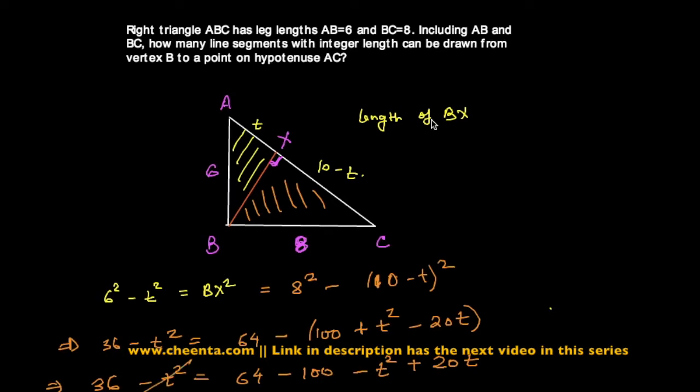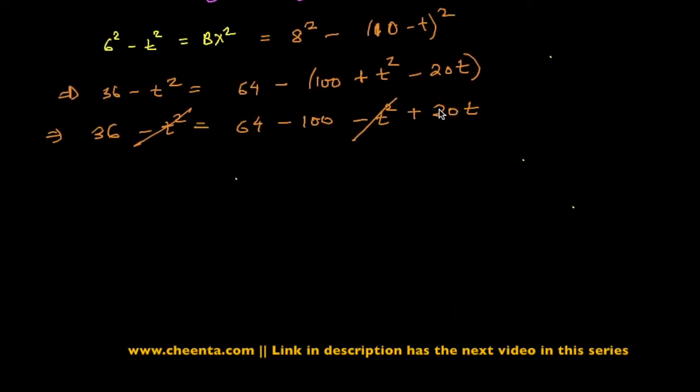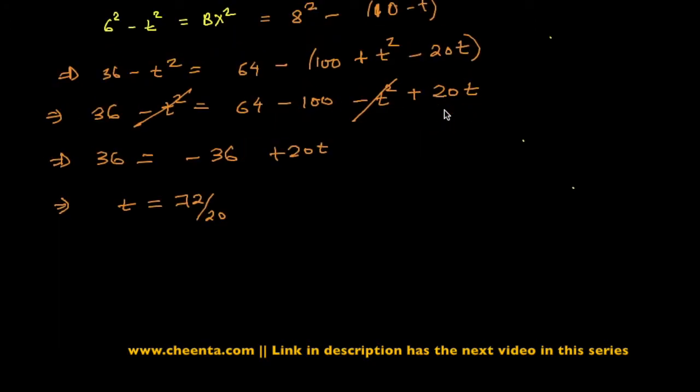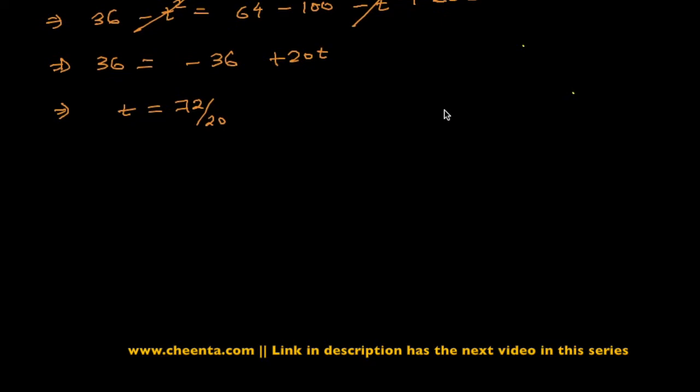Clearly negative t square will cancel, and we have 36 equal to negative 36 plus 20t, which means t equals 72 by 20. You can simplify it, but we really want to find out Bx. So then we can find out Bx.